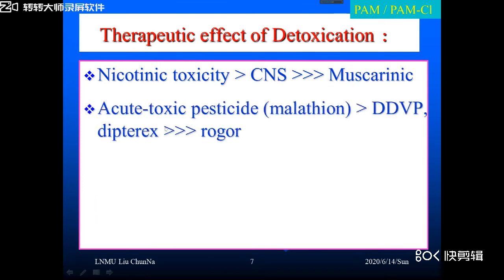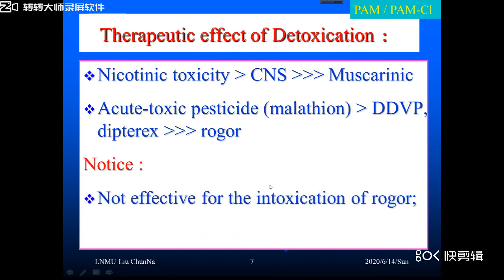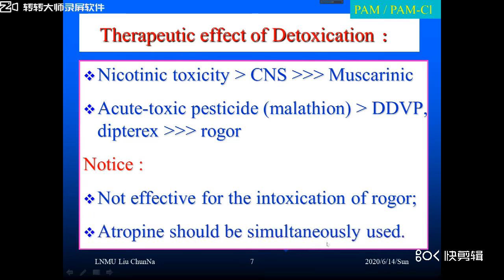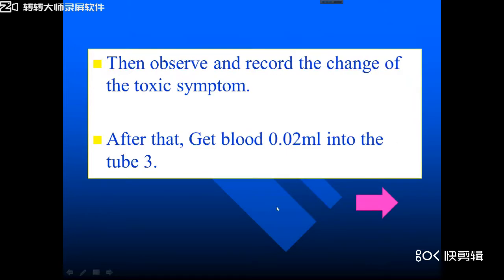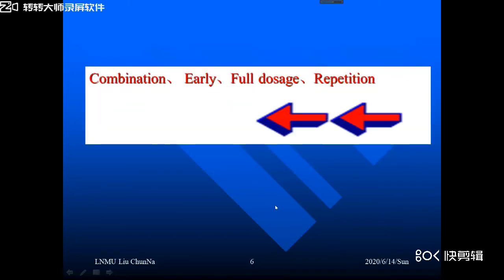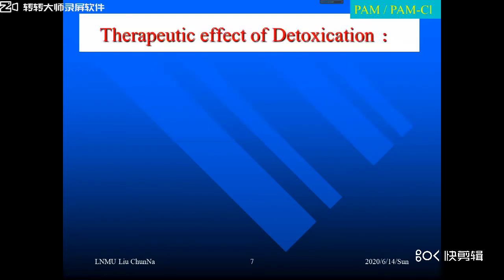We use atropine mainly to resolve the symptoms. And the reactivator, PAM chloride, is not effective for the intoxication of some agents, so atropine should be simultaneously used. So I have explained the principles of how to use atropine. We follow the principles: repetition, full dose, as early as possible, and combination with other therapies.